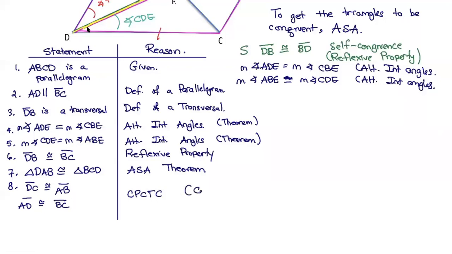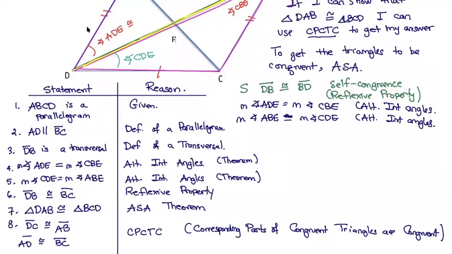Congruent parts of congruent triangles, sorry, not congruent parts, corresponding parts of congruent triangles are congruent. Corresponding parts of congruent triangles are congruent.